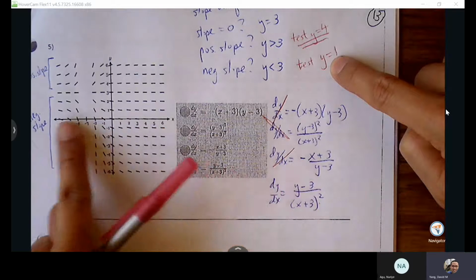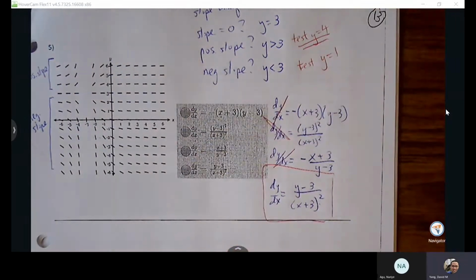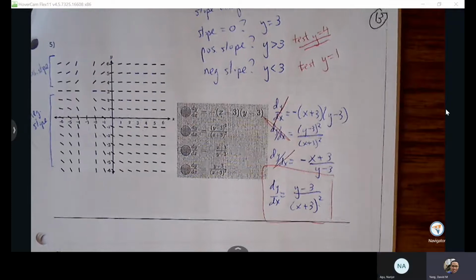And we see all those negative slopes showing up here. Okay, does that make sense? Yeah, that makes sense. Okay, let's try number 6.